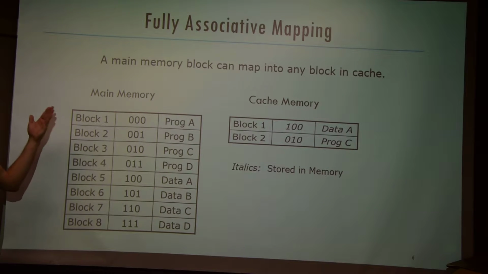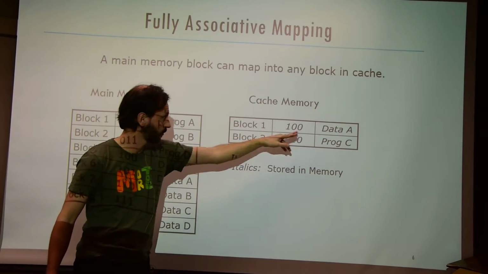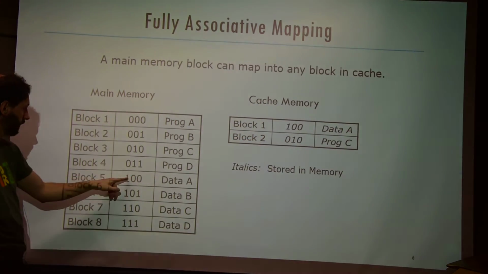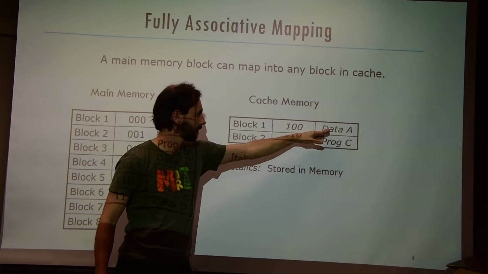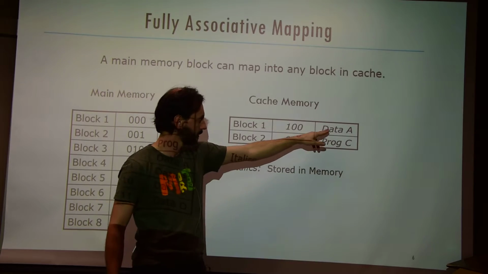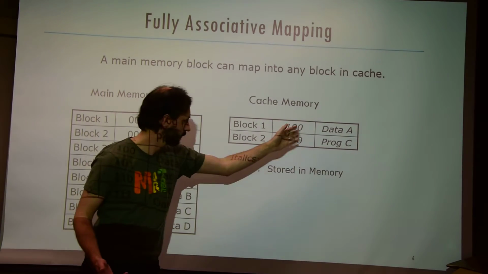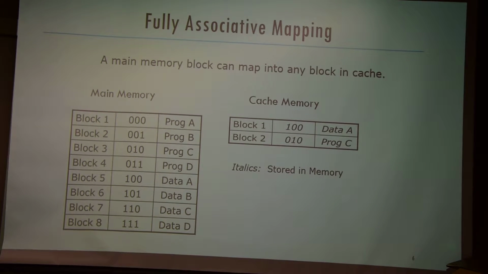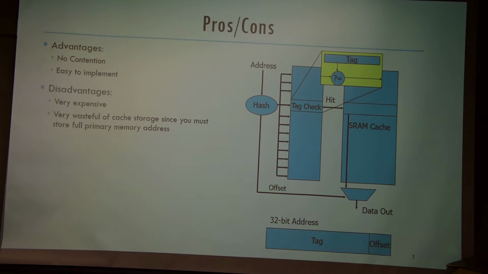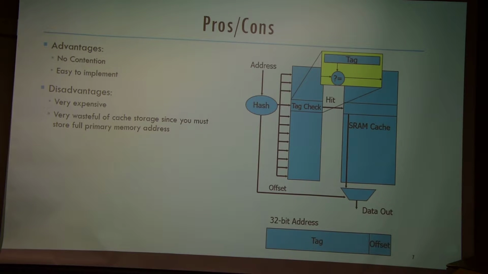Say, for example, I'm storing in the first block of the cache data A, which is this one that has this address. So I need to store both the address that corresponds to this particular memory item, and I store it all in my cache. So that's one way to do it. Now, if you do this, you would have a more complex decoding circuitry.